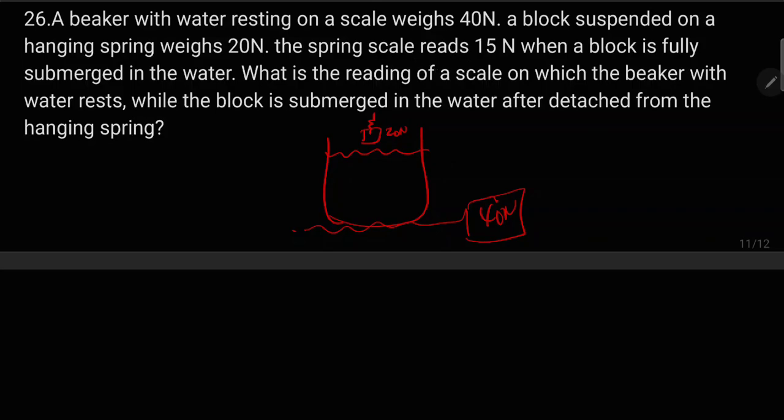When it is totally submerged in water, the apparent weight is 15 newton. Then buoyant force equals the weight of the object in air minus the weight of the object in water. Buoyant force is 20 minus 15 newton. Fb is equal to 5 newton. Now the buoyant force is 5 newton.